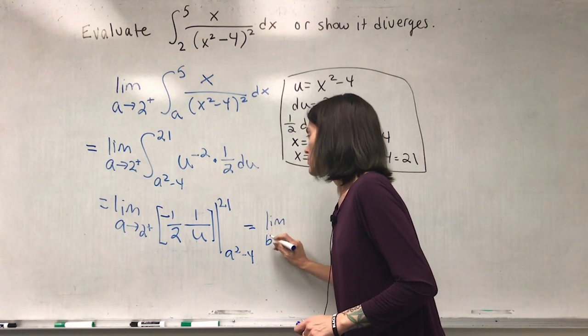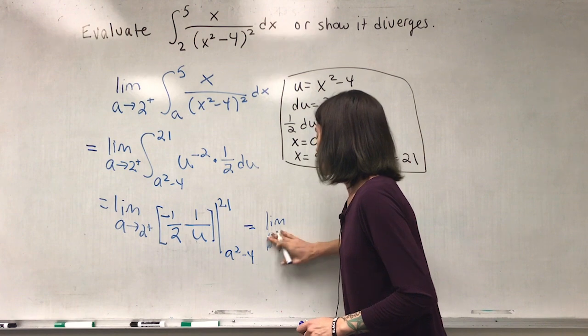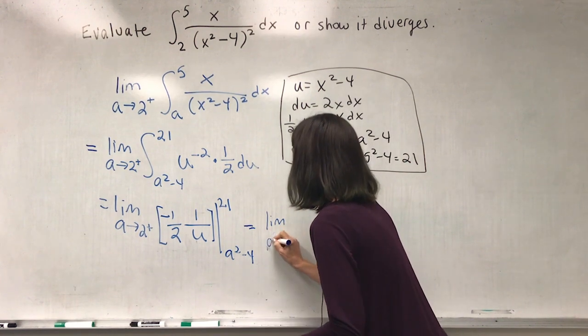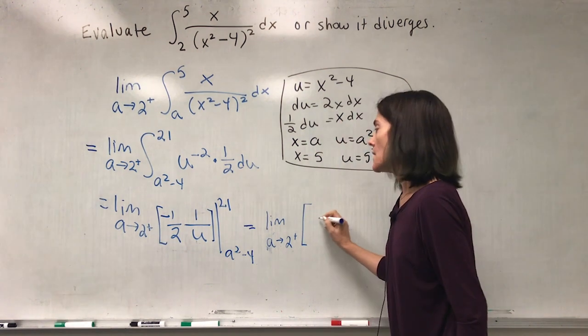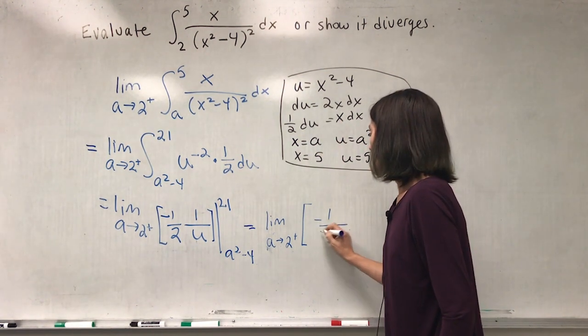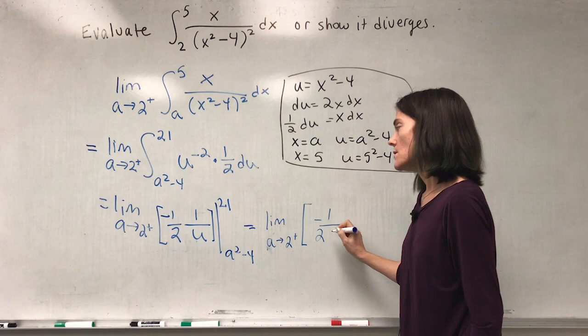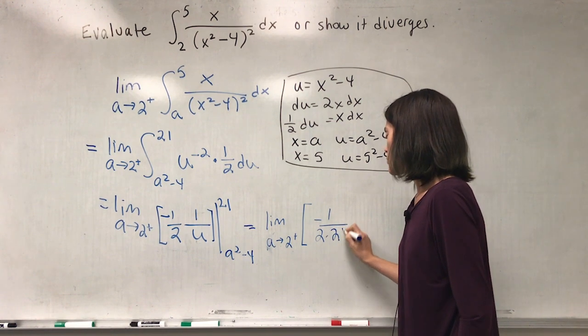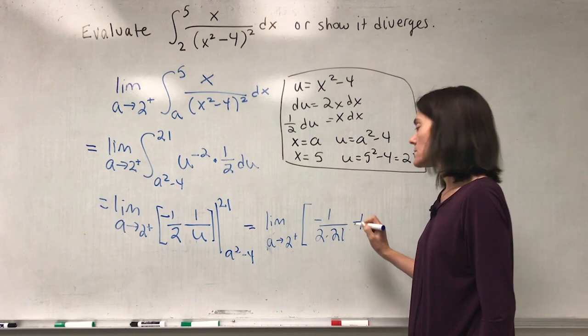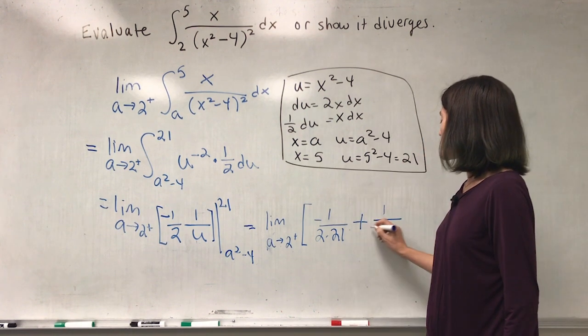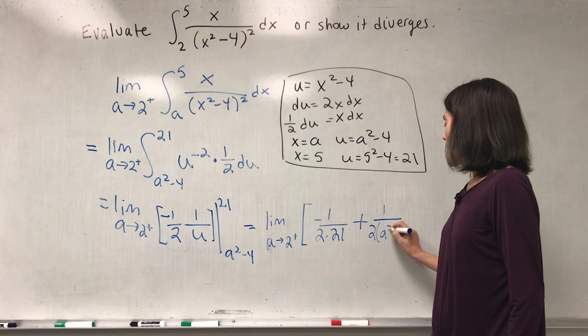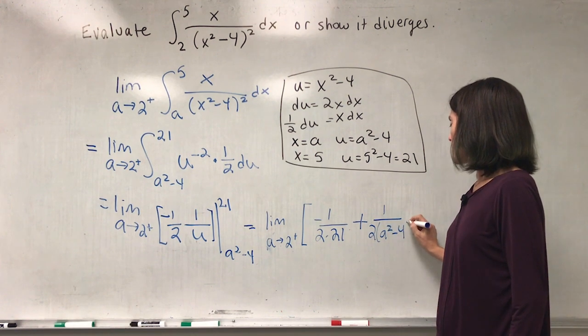Now I am still not taking a limit yet. I need to evaluate. So this is a limit as a goes to 2 on this side of 1 over 2 times the upper limit, 21, minus, and a minus is going to be plus, 1 over 2 times a squared minus 4.